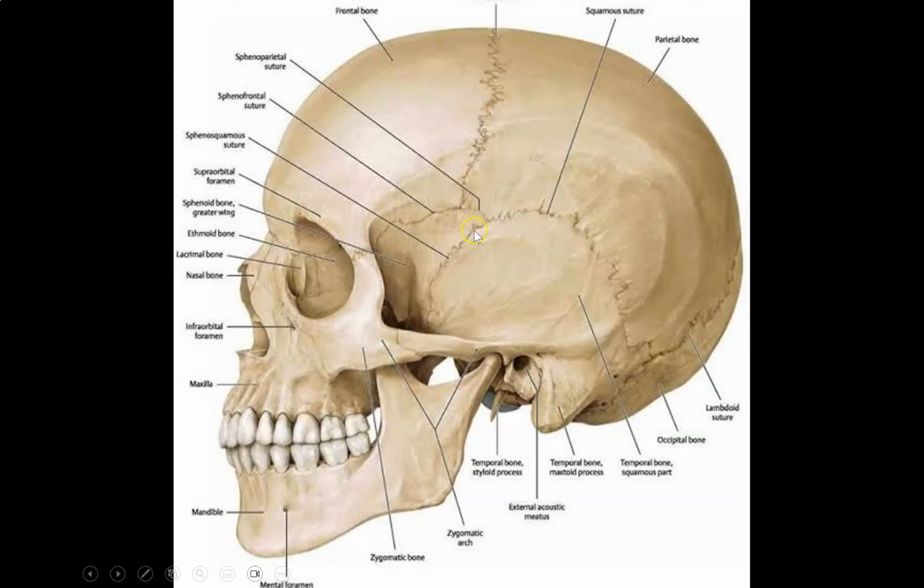So here is the terion, here is the asterion. Lambdoid suture, squamous temporal, parietal, and squamous occipital. So this is the asterion, and this is the terion.